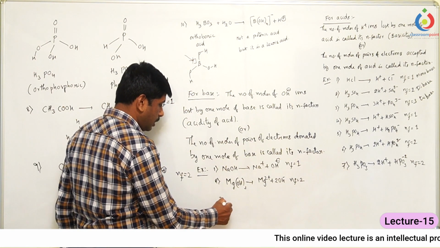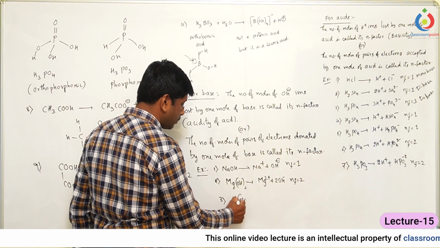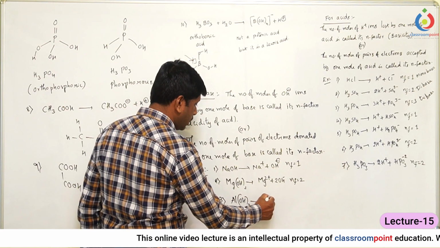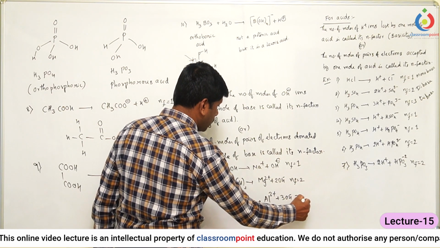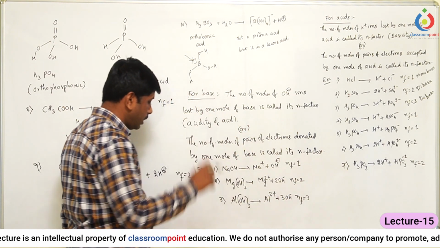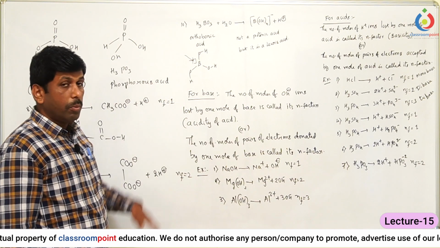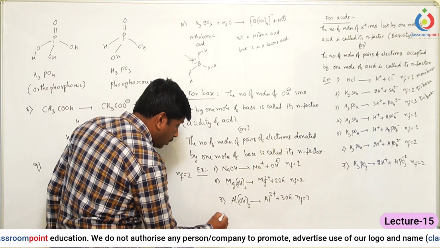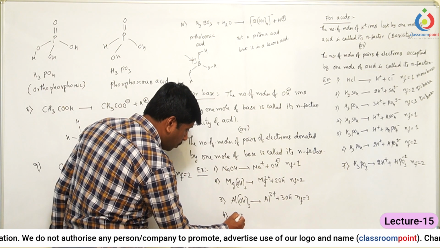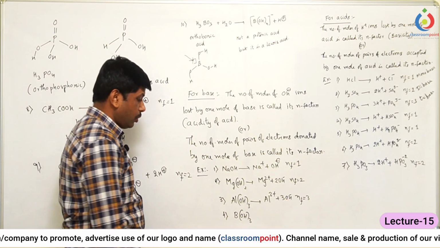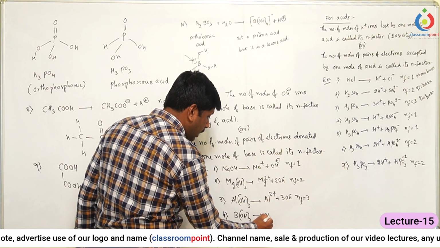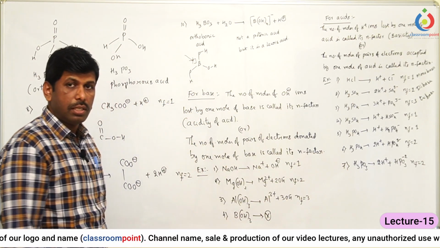Similarly, let us consider aluminum hydroxide. That is Al3 plus and 3 OH minus ions, and N factor is equal to 3. Now here, orthoboric acid we have taken. Some people represent this molecule like this, B(OH) taken thrice. You should not misunderstand this one as a base. Actually, it is an acid.